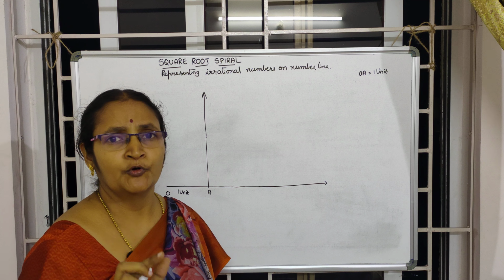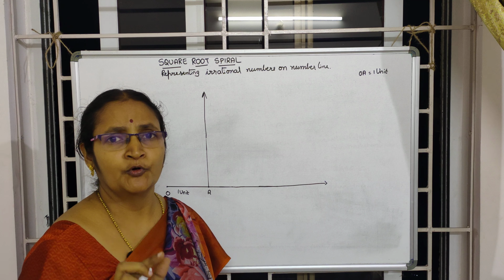Now what am I going to do? I am going to join O and B. Now I got a right triangle. Triangle OAB is a right triangle. So we can apply the Pythagorean theorem.